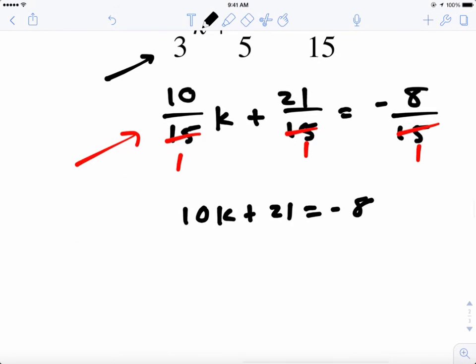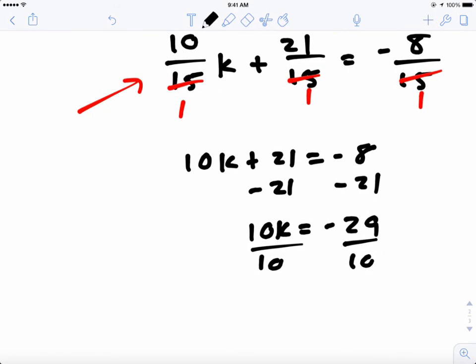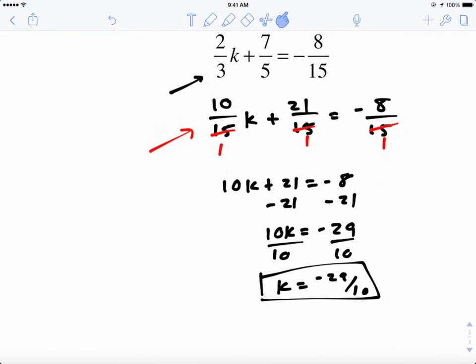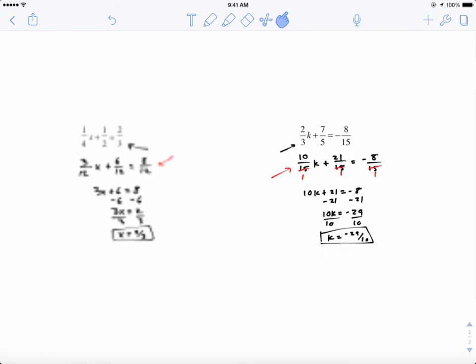We're not going to end up with the nicest of solutions in this case, but hey, that's all good. And I think for considering how nasty that equation looked at first, this really wasn't so bad to be able to solve it that quickly and using a whole lot of integers. So just wanted to put on your radar this strategy of clearing fractions.